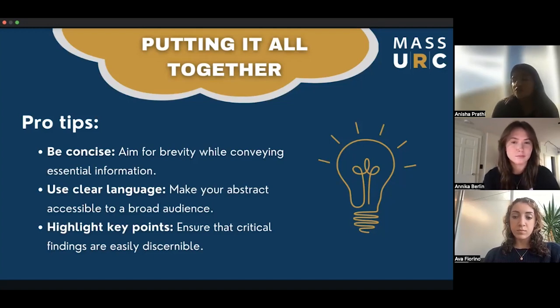That means try to avoid using any technical jargon, which makes your abstract accessible to a broader audience, because you're going to have readers from all different kinds of academic fields and different levels of experience. We also ask you to highlight key points, so that it's really easy for the reader to tell what's important in your abstract and what isn't.